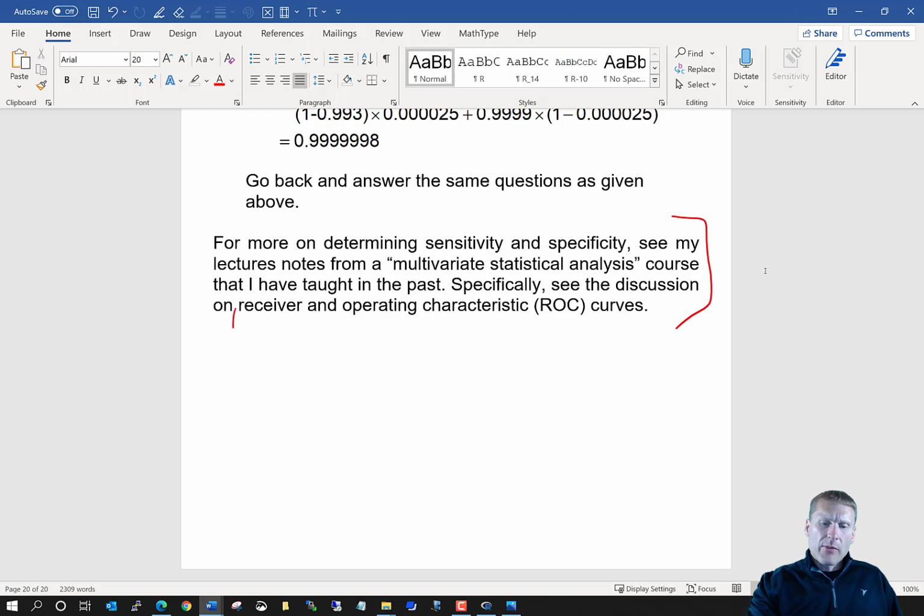There's actually something called a receiver operating characteristic curve that can be used to help decide how to make a threshold to determine that someone's positive or negative based upon, let's say, some kind of continuous measurement like viral load that's being detected by a diagnostic test. I won't get into that here. There are other courses that you can take that go into it further. So that's the end of this introduction to probability.